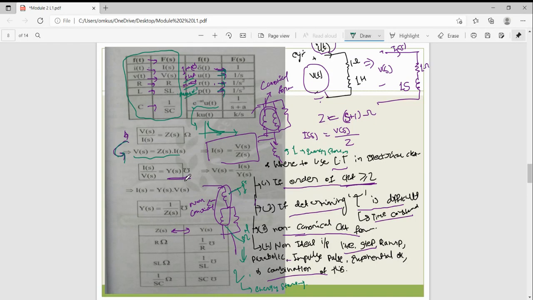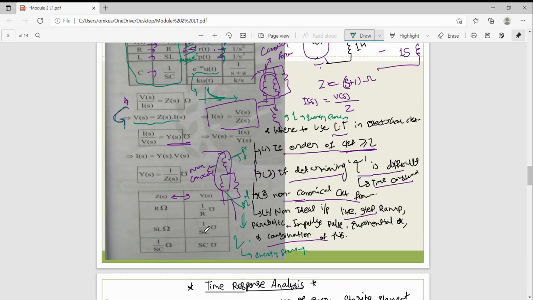And this is the admittance, and the relation is admittance is equal to 1 upon impedance. There are some standard signals or transfer functions given to you, and the value of that function in the s domain is also given, so you can remember it.